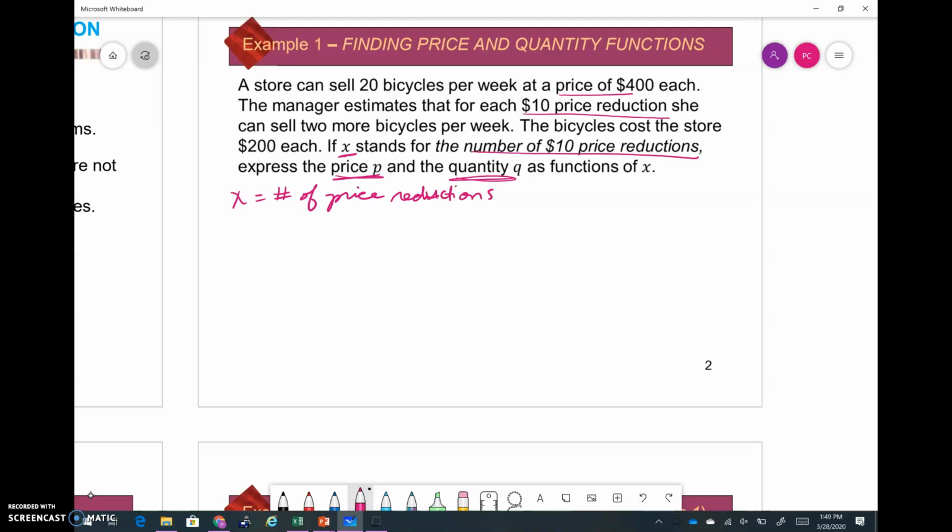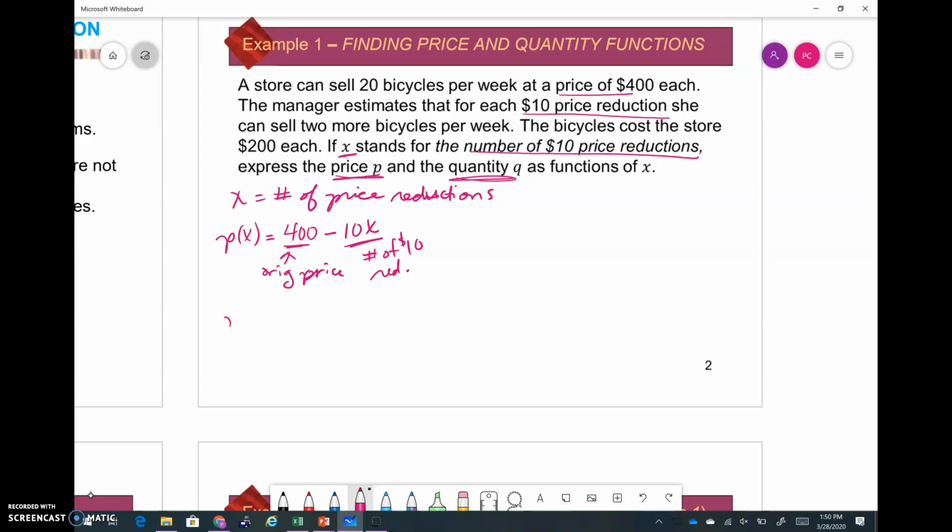When we write this price function, we're starting at $400, and then we're going to take off $10 for each price reduction. So our price function becomes 400 minus 10x. Your 400 is your original price, and 10x is the number of $10 reductions.